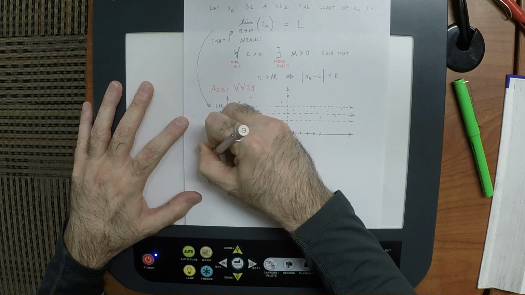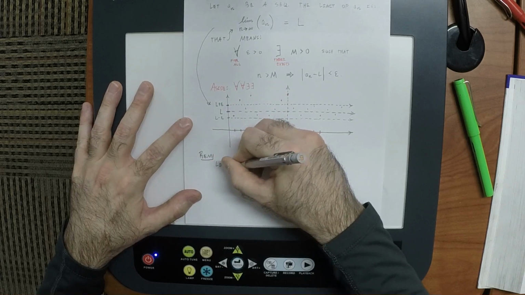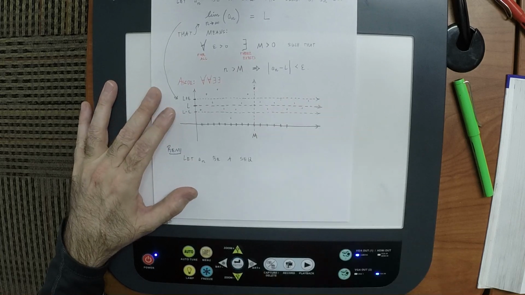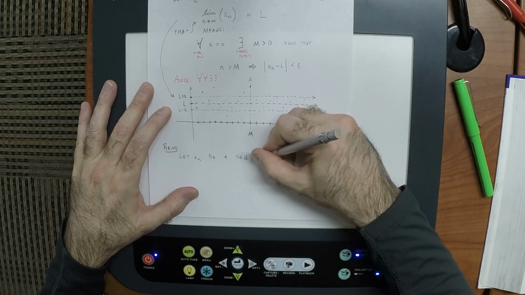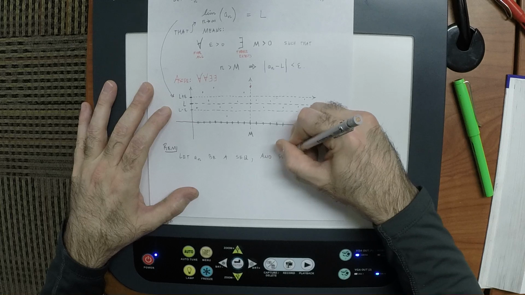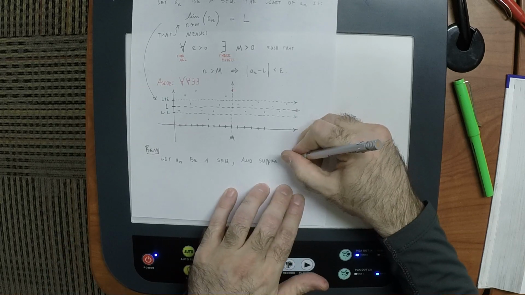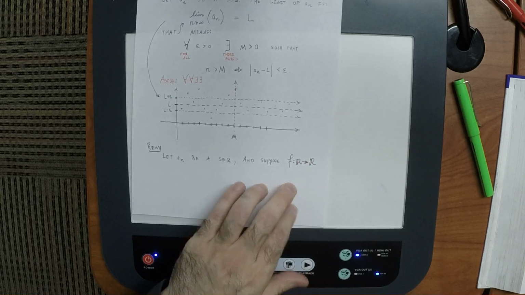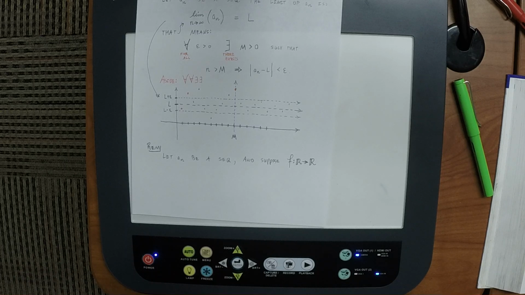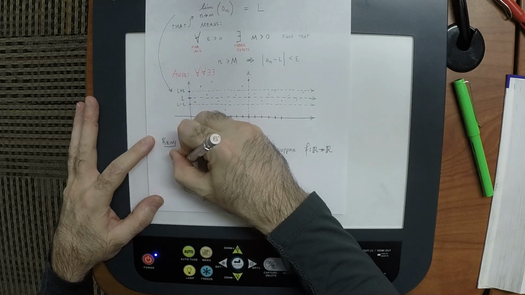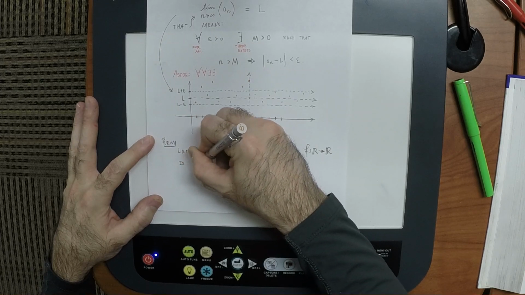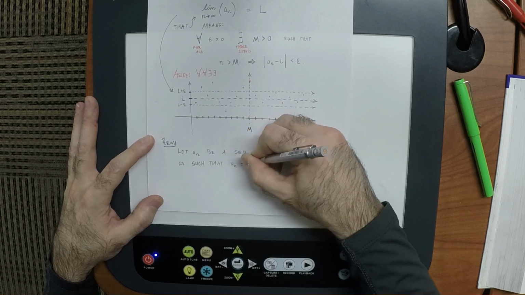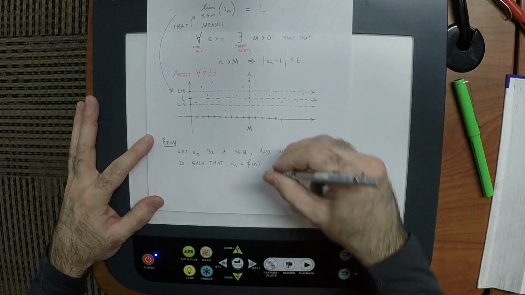I could say, let a_n be a sequence and suppose that f, with a signature from the good old days, suppose we've got a function with that signature, is such that in fact a_n is f of n for all n.